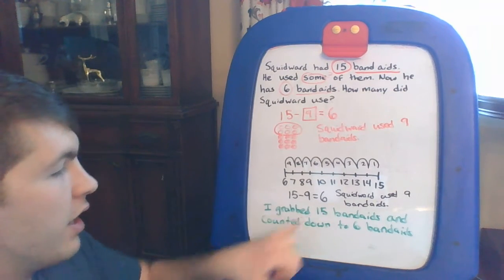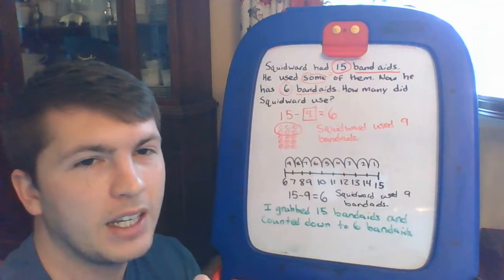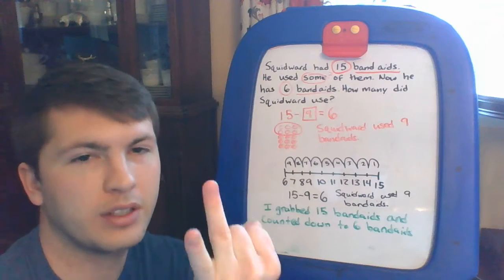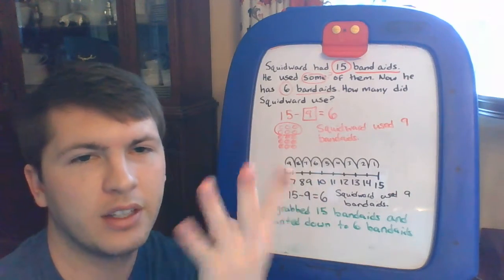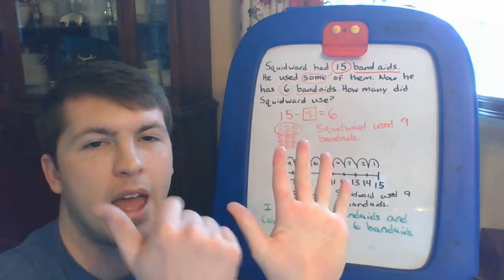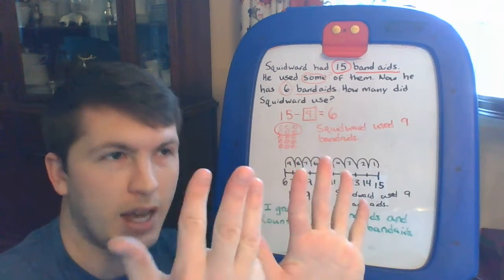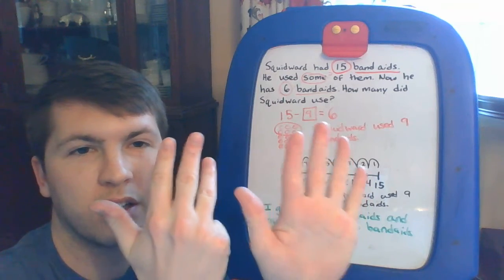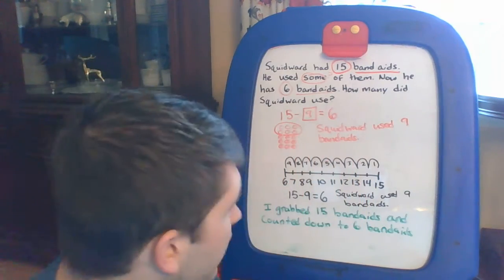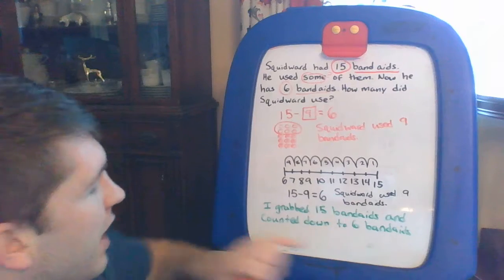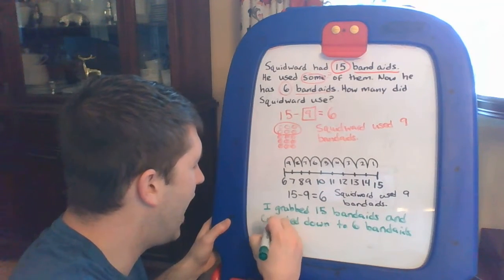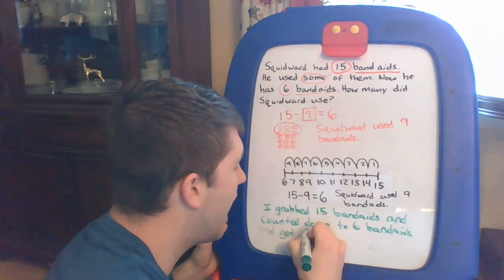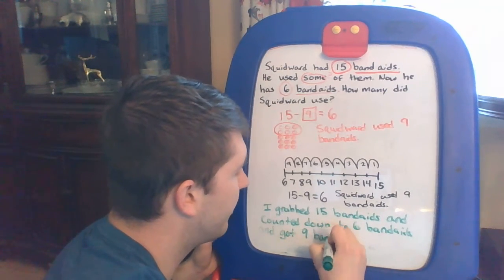So ready? Let's grab 15. 15. And we're counting down to 6. 14, 13, 12, 11, 10, 9, 8, 7, 6. We stopped at 6 band-aids. How many band-aids did I have to take away? I had to take away 9, right? So I counted down to 6 band-aids and got 9 band-aids.